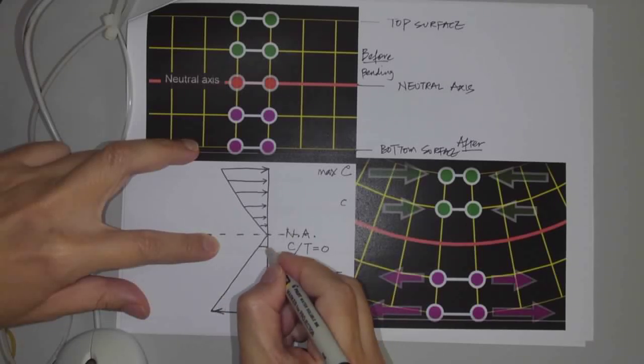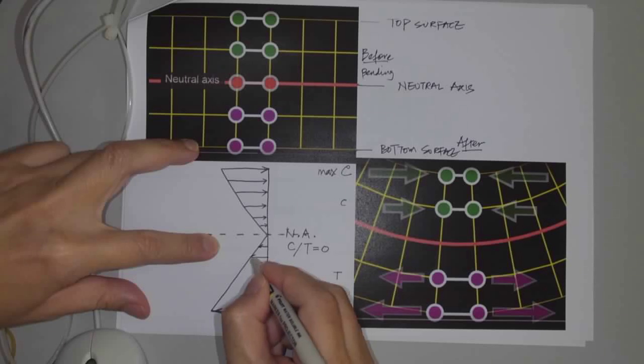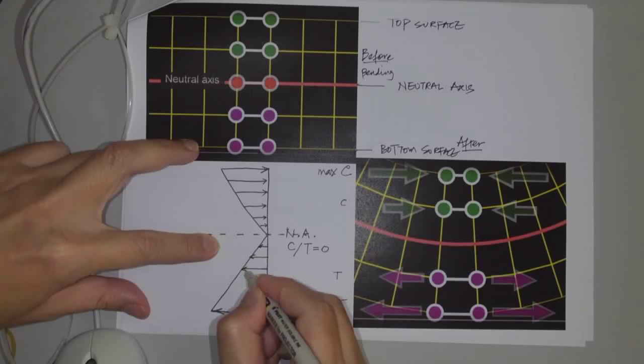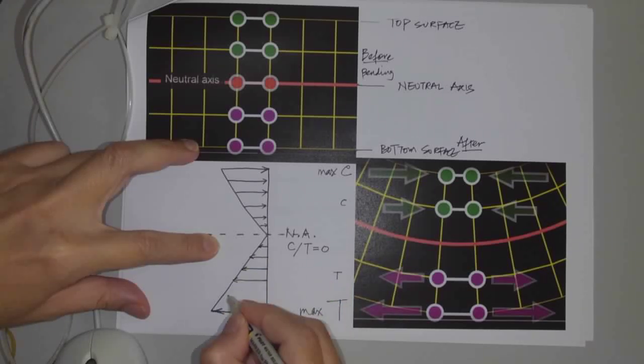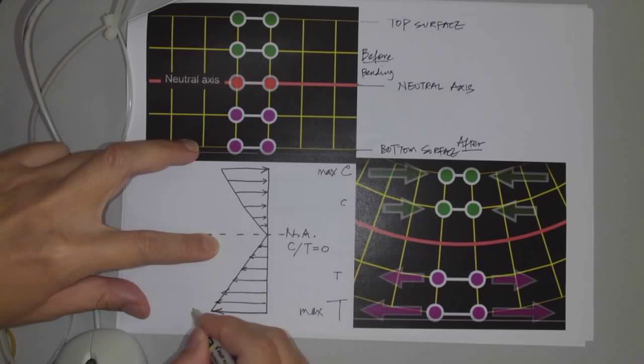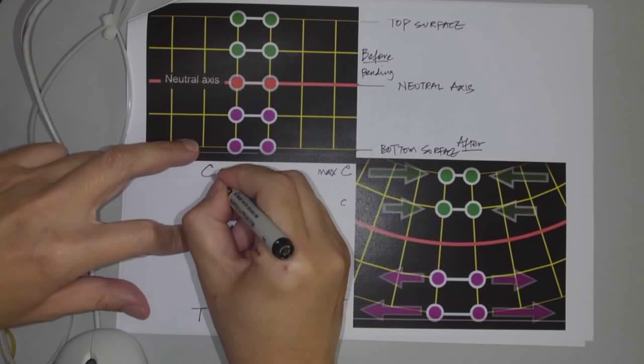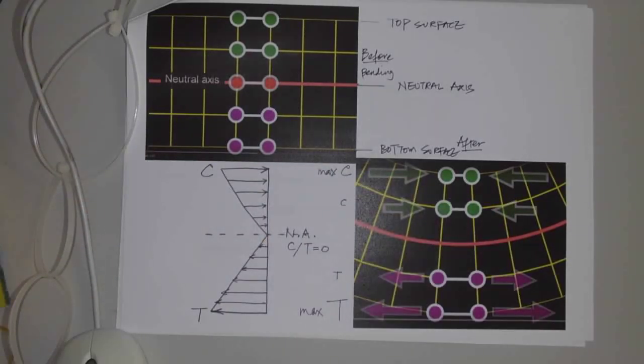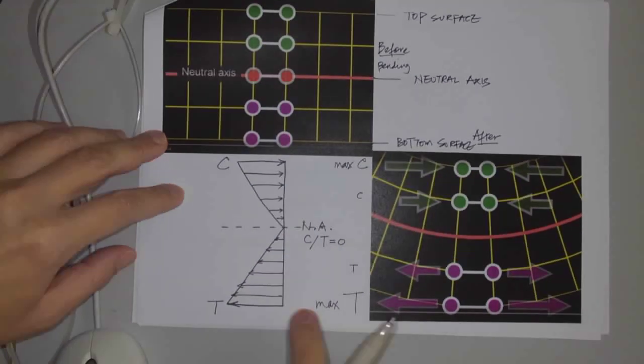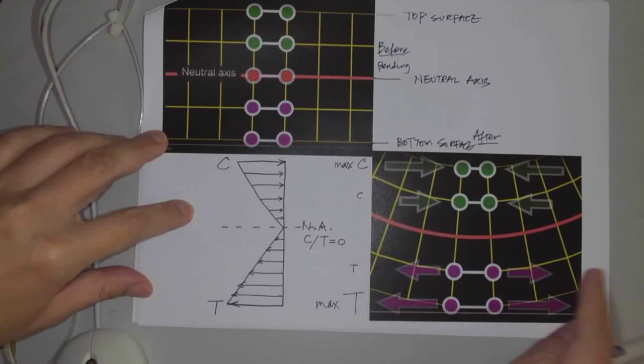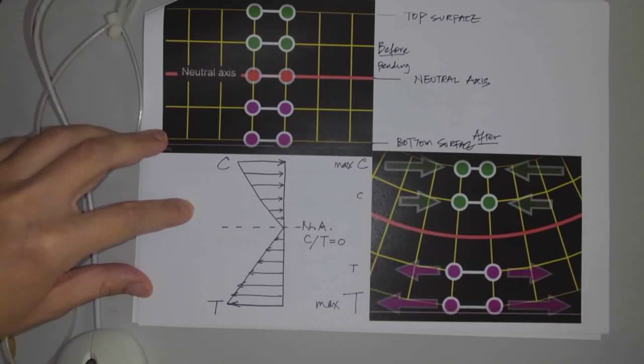The tension gets bigger and bigger towards the bottom. Like that. This is my T, this is my C. So this figure summarizes everything in the animation.